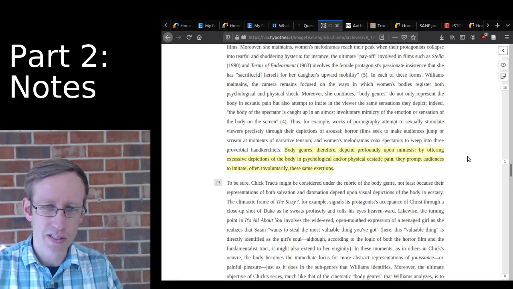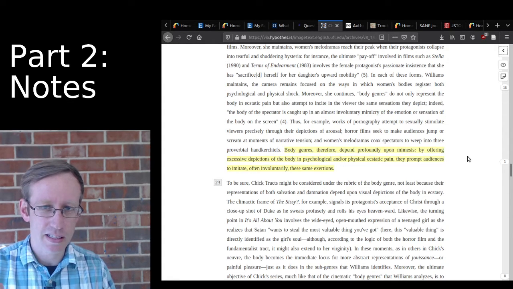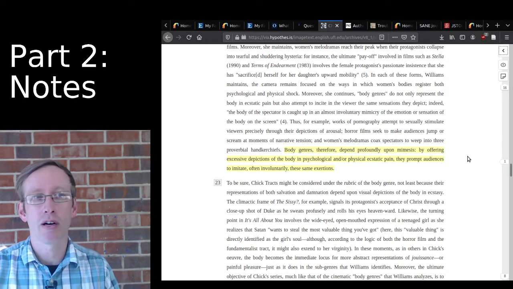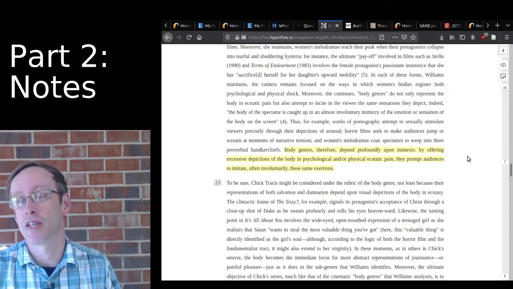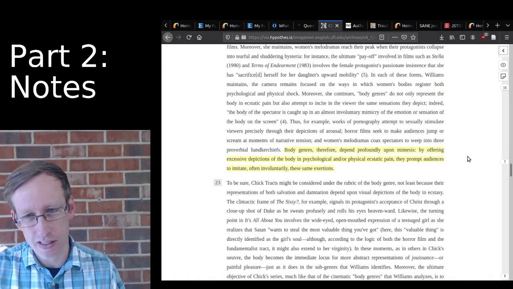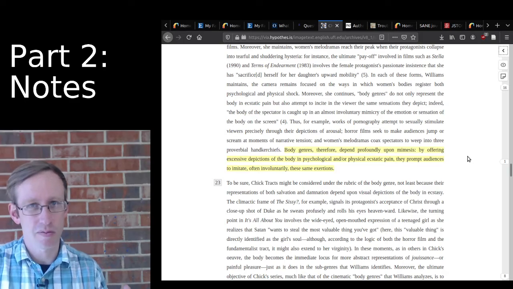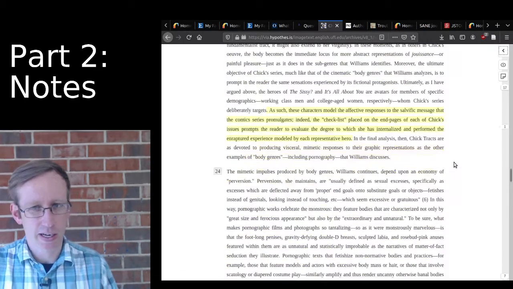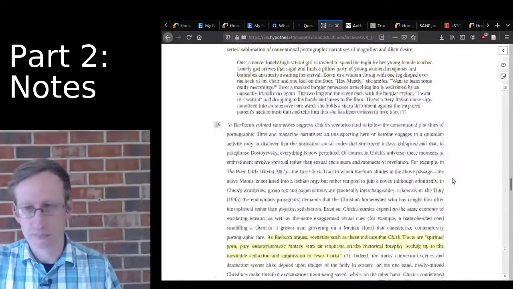What's really interesting is that she's noticing the same logic occurs with chick tracts, except the mimesis there is meant to be salvation. We're supposed to be repentant and saved through that repentance. That's a similar kind of relationship between the reader and the work. It's a really interesting argument, and I find it compelling given the evidence here.